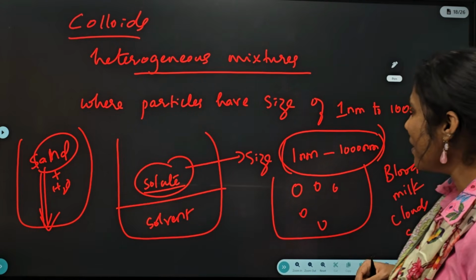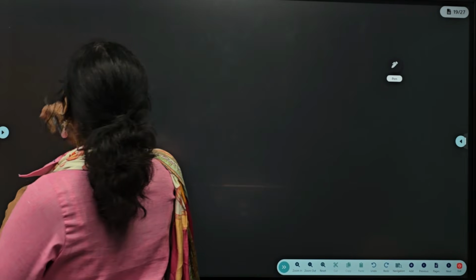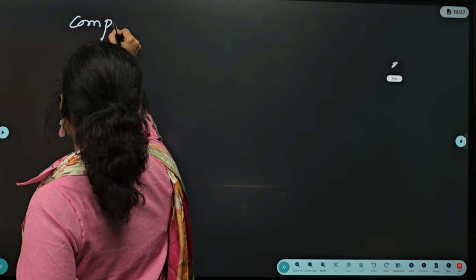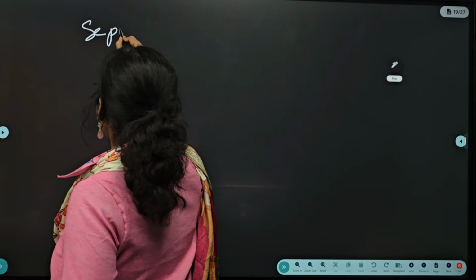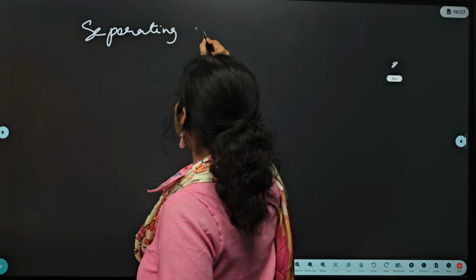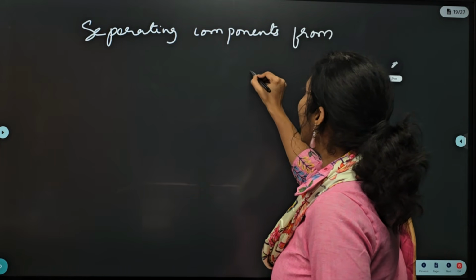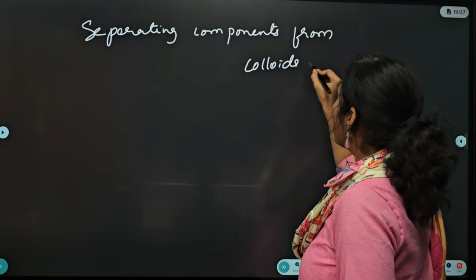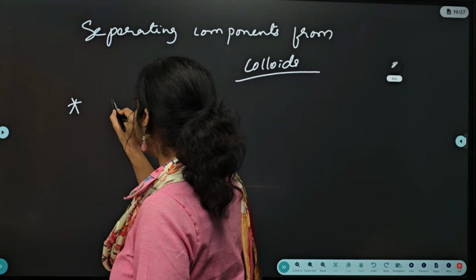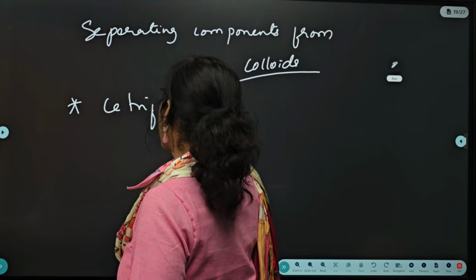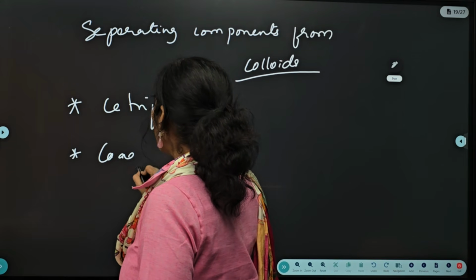Okay, fine. Right, so now if you want to separate components from a colloidal solution, especially if you want to remove one of the components, then we use a technique called centrifugation, and there is another technique called coagulation.